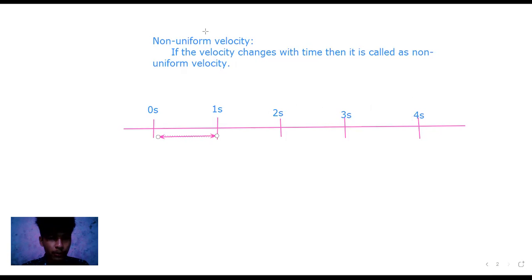from first to second position, second to third position, third to fourth position, then fourth to fifth. From first to second, it may be 4 meters.